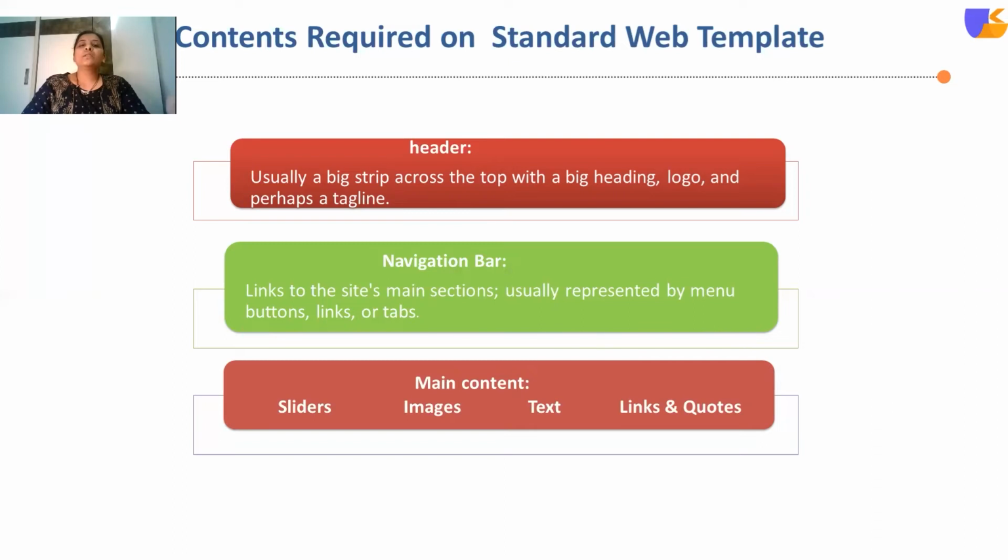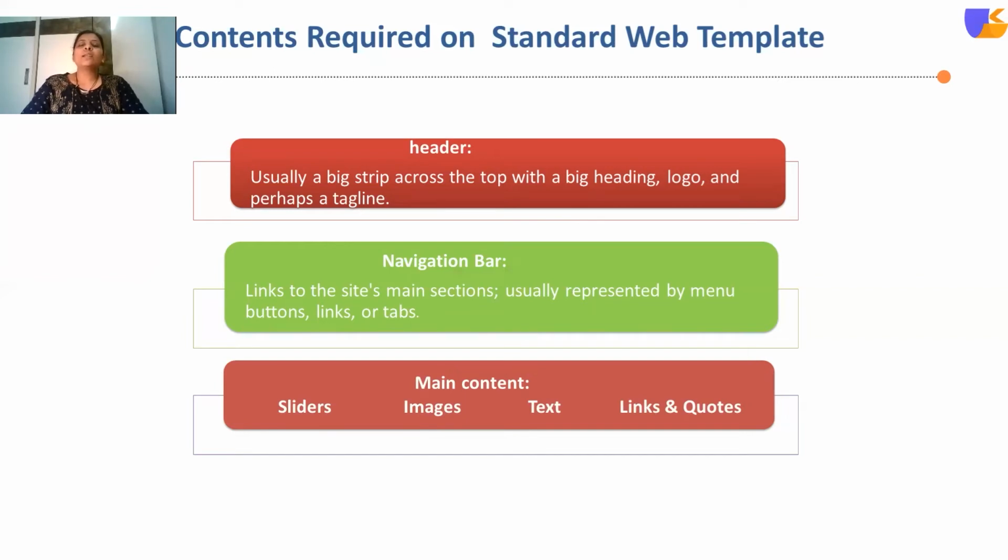So the header section will hold the logo or some taglines or some big headings related to that website, which will showcase what kind of website it is. Then the next is adding the navigation bar. Here all the menu buttons, links or tabs are available for the entire website. So again, it is equally important.